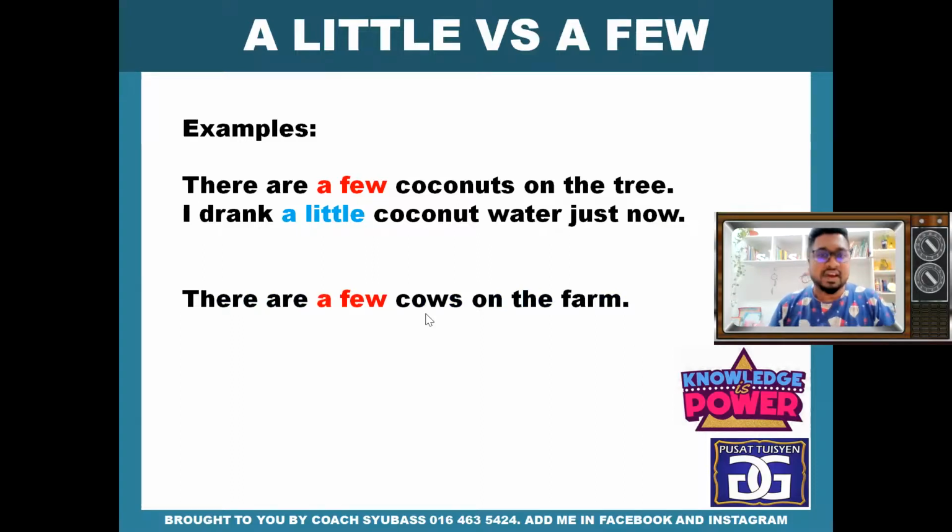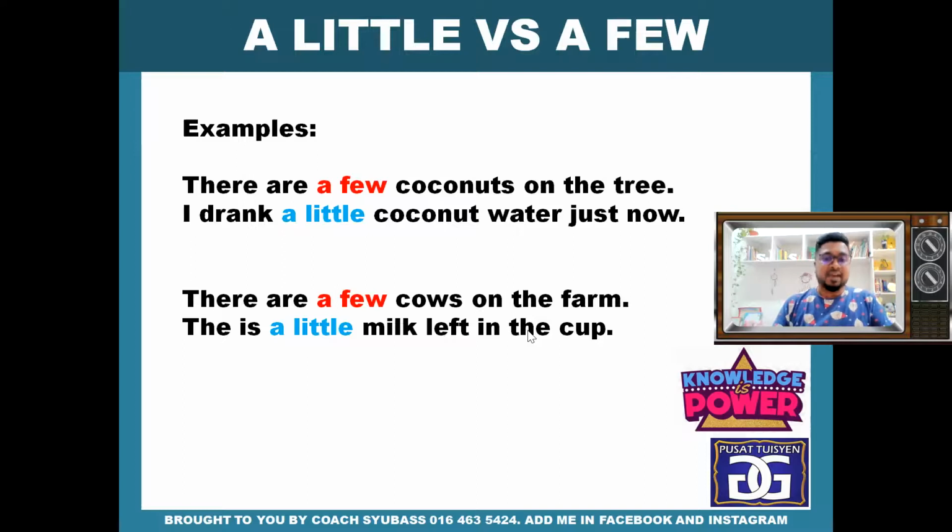Next. There are a few cows in the farm. Of course, you can count cows. So I use a few because a few is used with countable noun. There is a little milk left in the cup. Tengok, are a few cows. Cows can be counted, and since there is an S, that means this is plural, and therefore I used are. And a few to signify that there are a few, beberapa, a small number of cows.